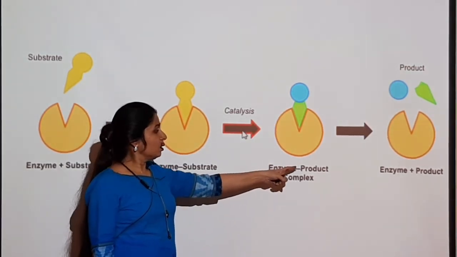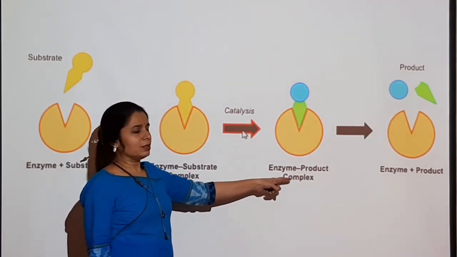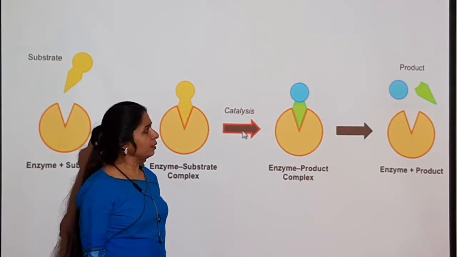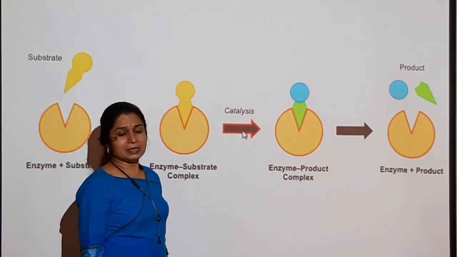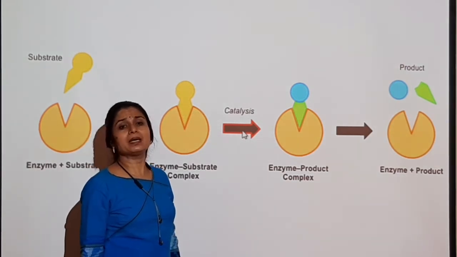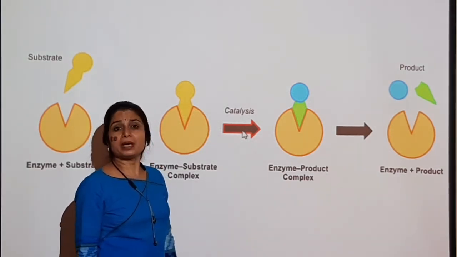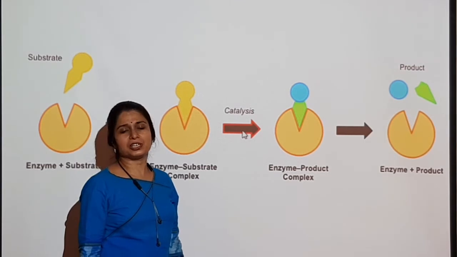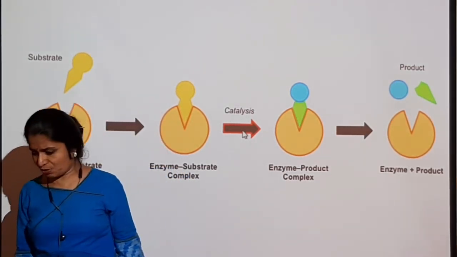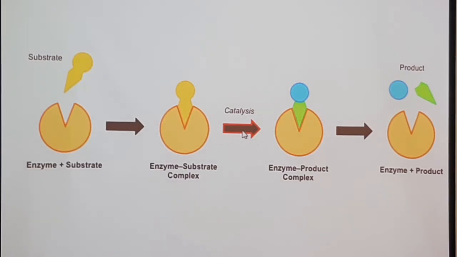So it is the enzyme product complex. Now the products are released. The green part is separated as well as the blue part is separated. So it is like a lysis of the chemical. AB chemical lyses to produce A and B, and the enzyme is set free. The enzyme will be recycled. This hypothesis is called the lock and key hypothesis.